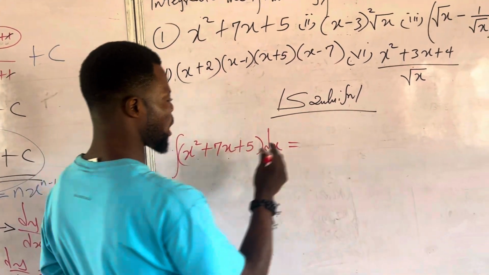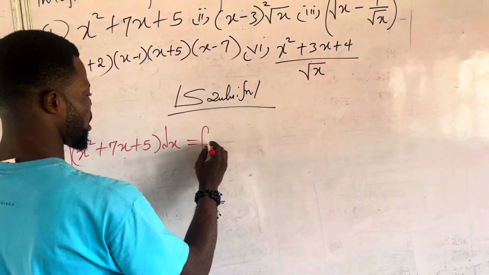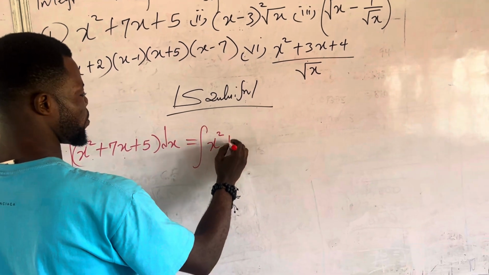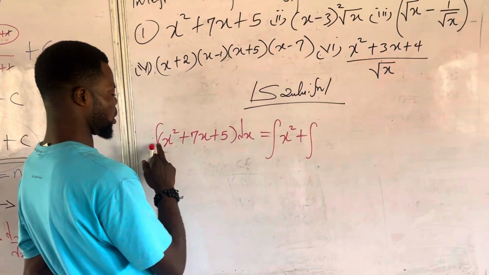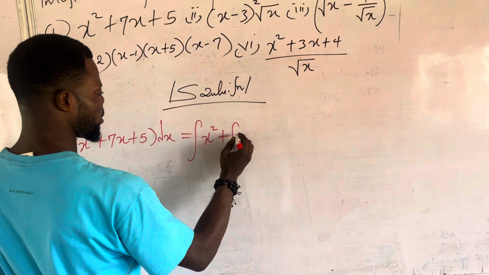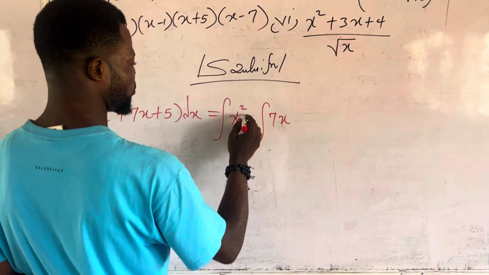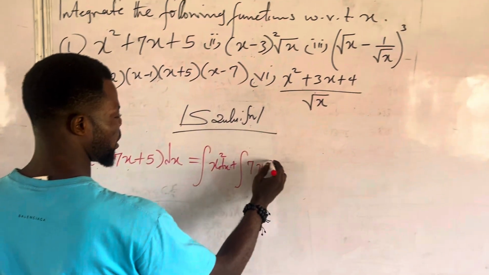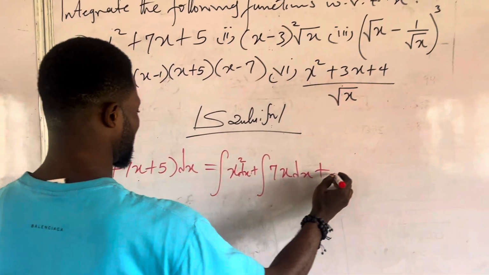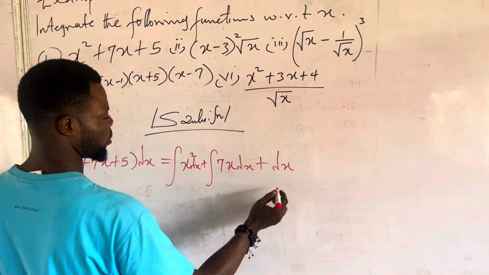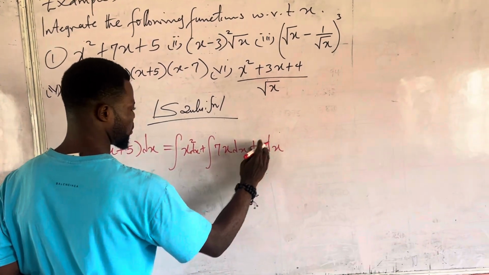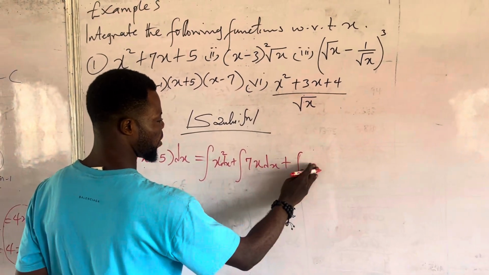This is the same thing as integral of x squared plus integral of 7x plus integral of 5, all with respect to x.